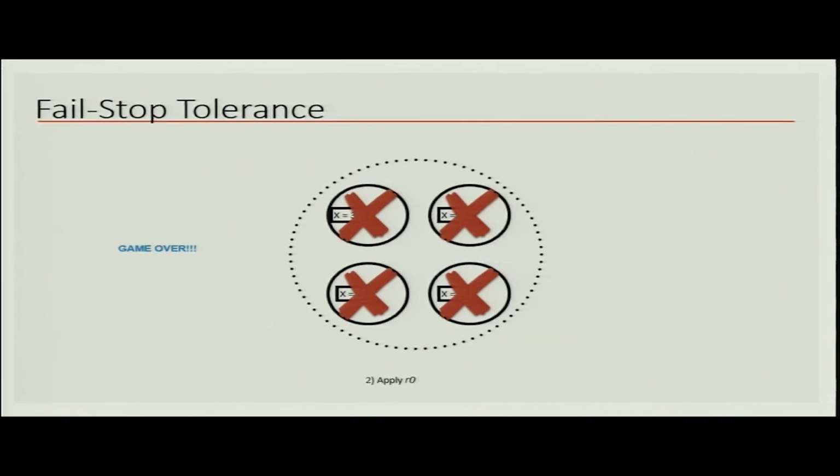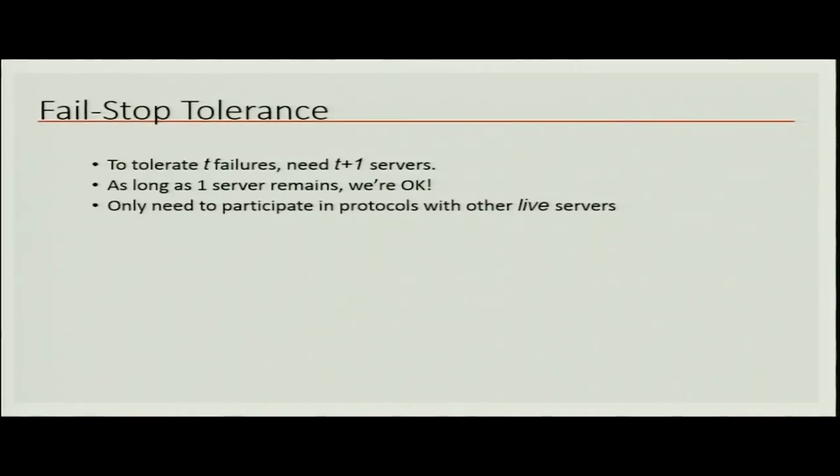If this guy also crashes, then the game is over. So fail stop tolerance only works if at least one replica survives. To tolerate T failures we need T plus 1 servers in fail stop tolerance. As long as one server remains, we are okay.